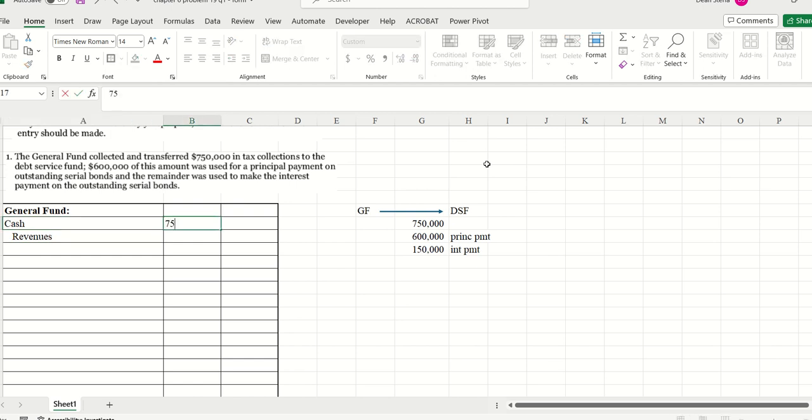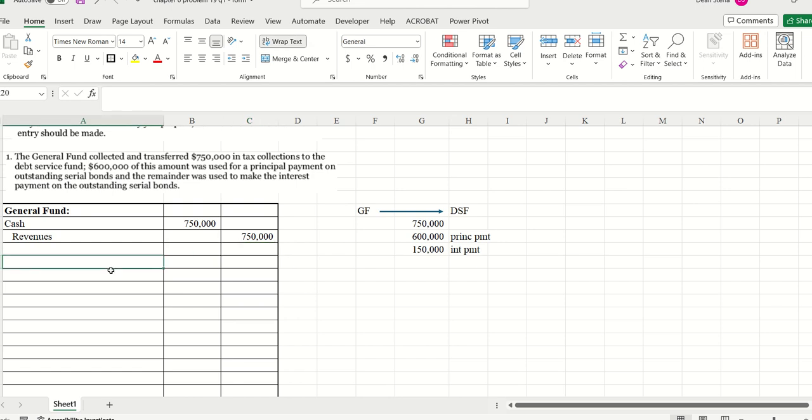And that's going to be for 750,000, which is right here. That's what they told us they collected. And then they also said that they transferred it from the general fund to the debt service fund.